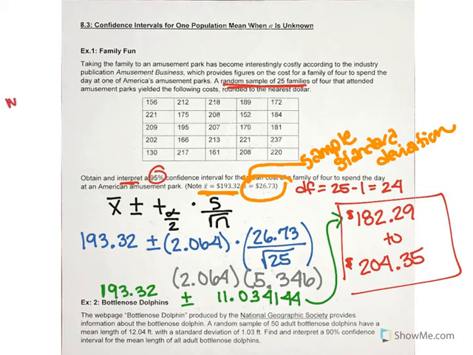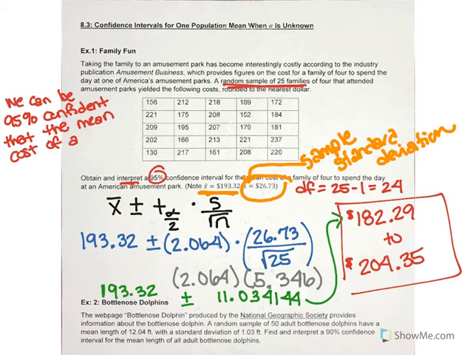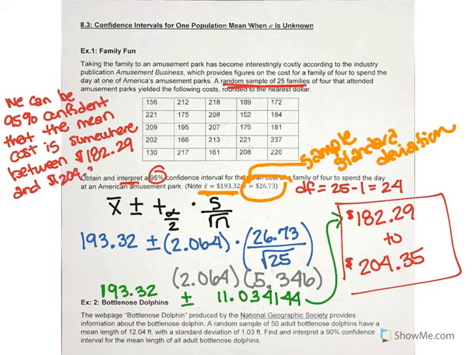And that statement is worded, we can be, that's how you always start it off, 95% confident that the mean cost, and you don't have to put all of that extra, that the mean cost is somewhere between $182.29 and $204.35. That would be our interpretation.